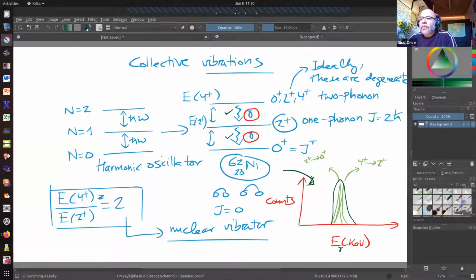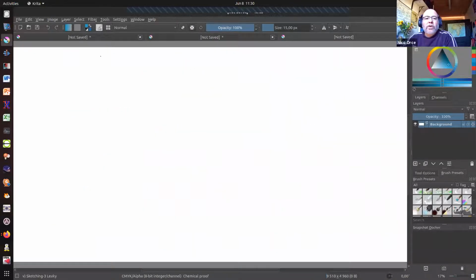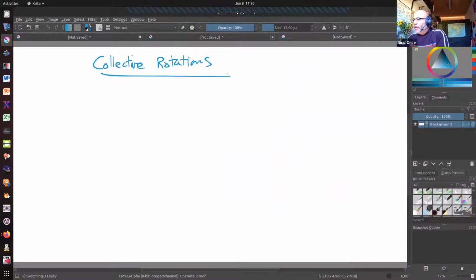So now we're going to go to another mode of collectivity, which is the collective rotation. For instance, I didn't mention that before, but generally these are energies of 1 to 2 MeV for these oscillations, or vibrations, of the nucleus.